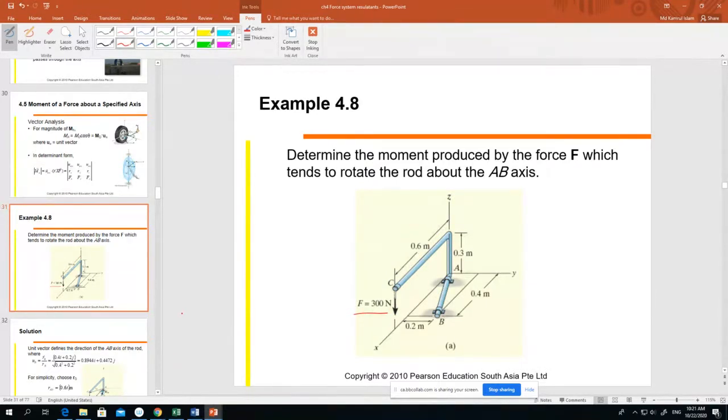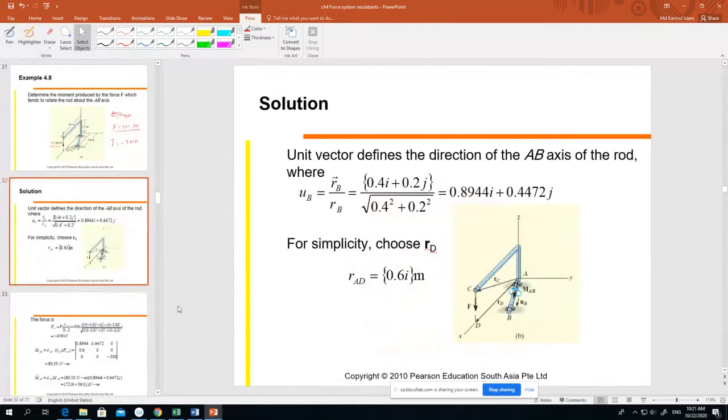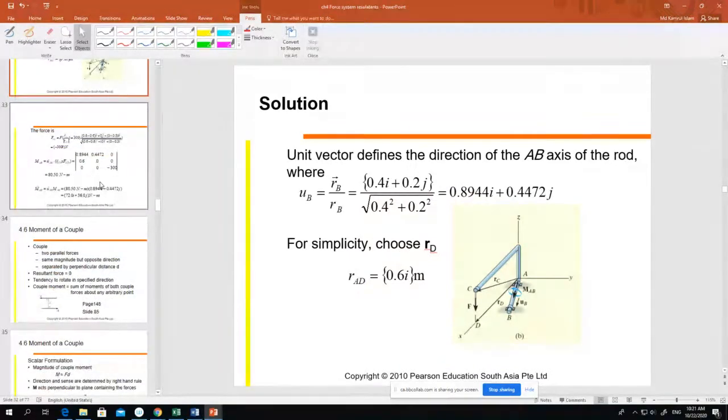Yes, you have to do it. F300 Newton is a scalar value, but if you say it is a vector, then it will be minus 300k. It has been done there.